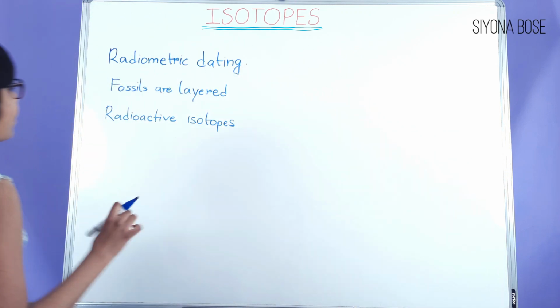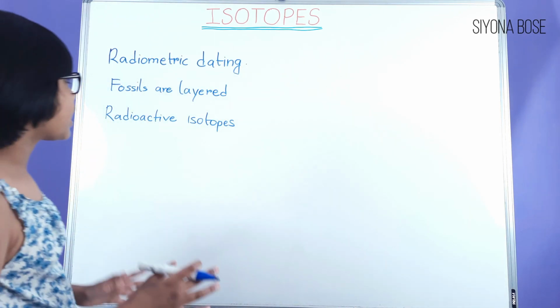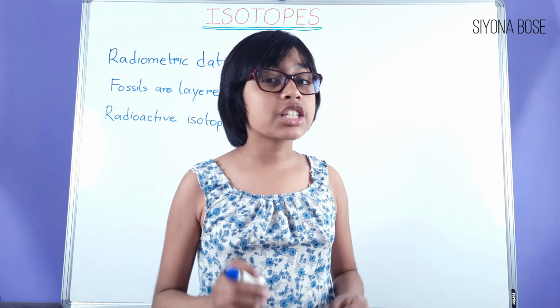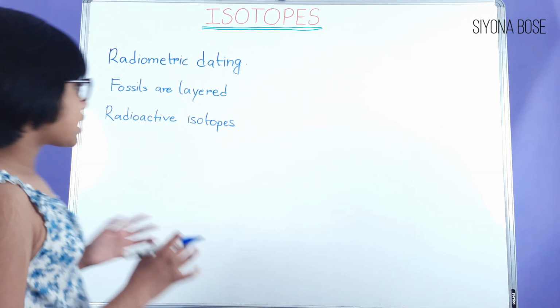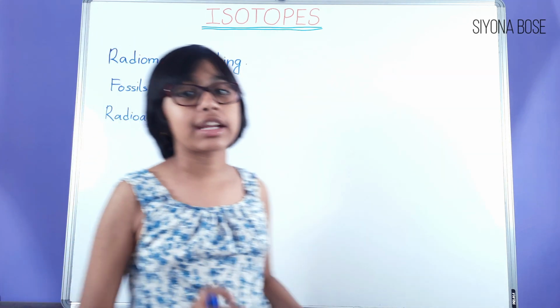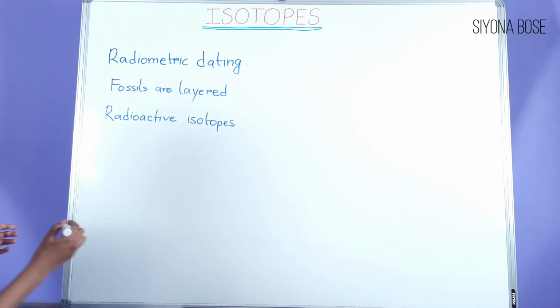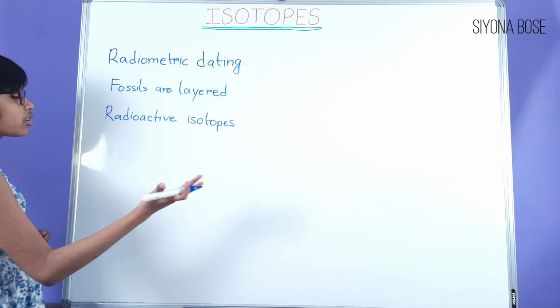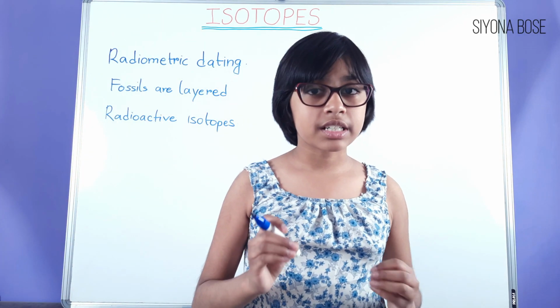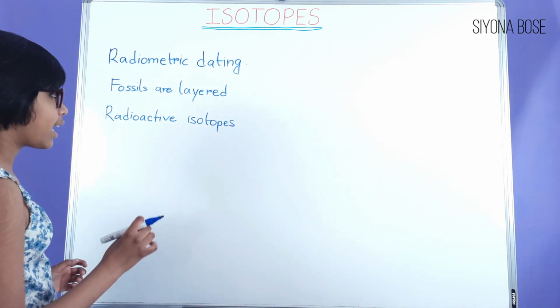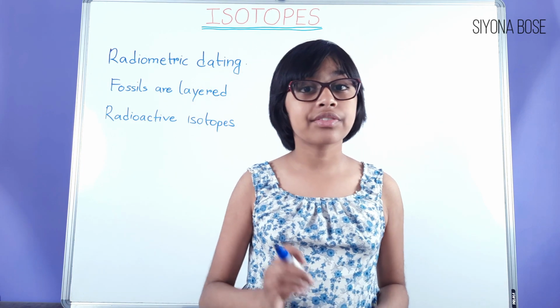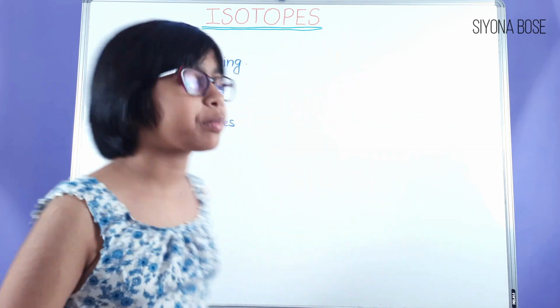Now, why are radioactive isotopes important in radiometric dating? First, we have to understand that they decay, right? They decay from the parent isotope to the daughter isotope. The time it takes for 50% of the isotope to decay is called the half-life of that isotope.